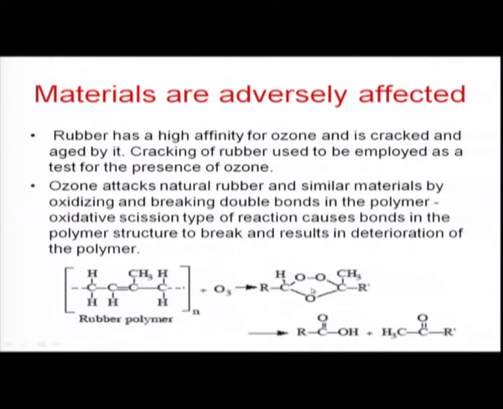This is highly unstable and undergoes degradation, forming aldehydes, acids and a variety of compounds. So, it starts with cracking of the rubber. The moment natural rubber is exposed to ozone, it causes material damage by an oxidation reaction, breaking the double bond. Cessation of the double bond takes place, leading to deterioration of the polymers through breaking, and the formation of various intermediate compounds. So, this is one of the very critical issues, material damage by this oxidizing smog.